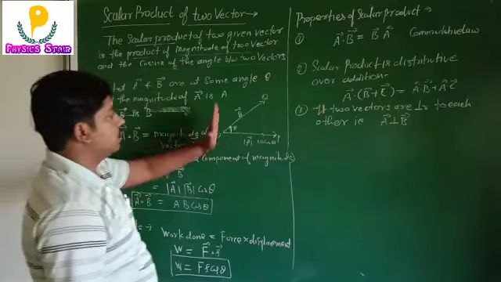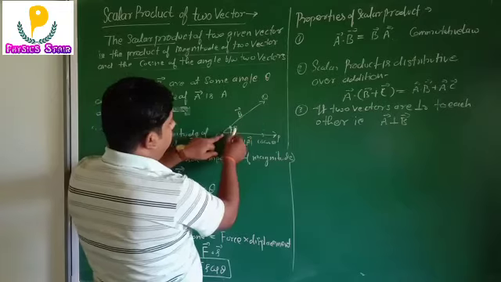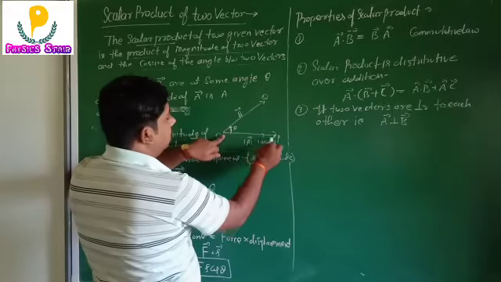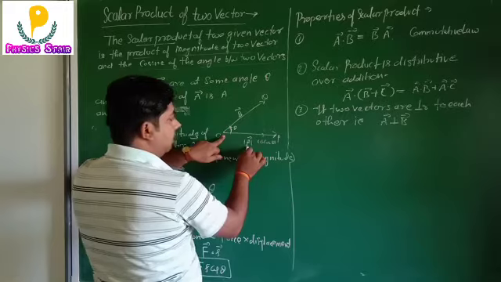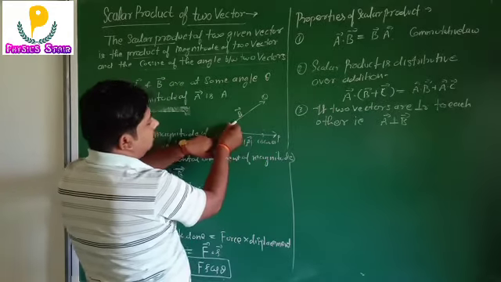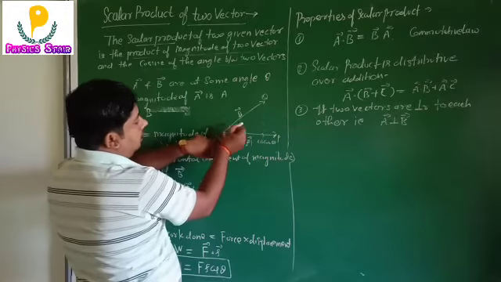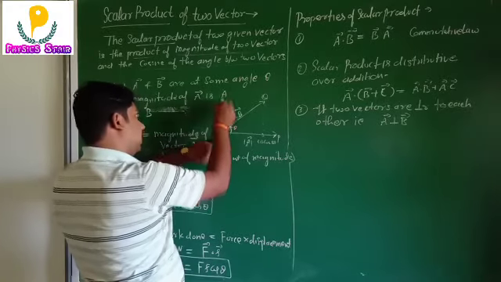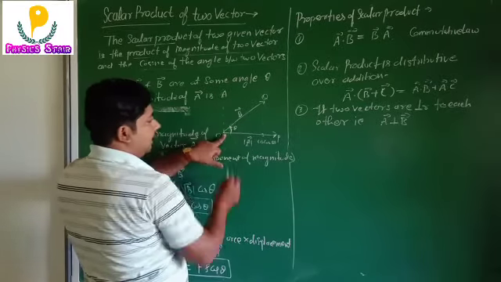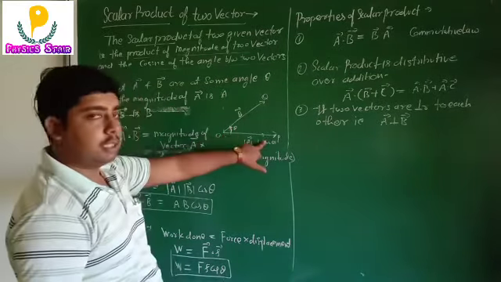Vector A makes angle theta with vector B. If this angle theta becomes 90 degrees, it means vector B makes an angle of 90 degrees with vector A.